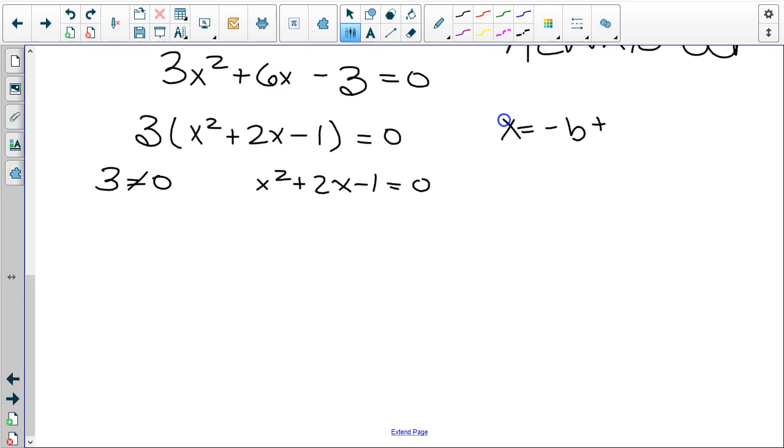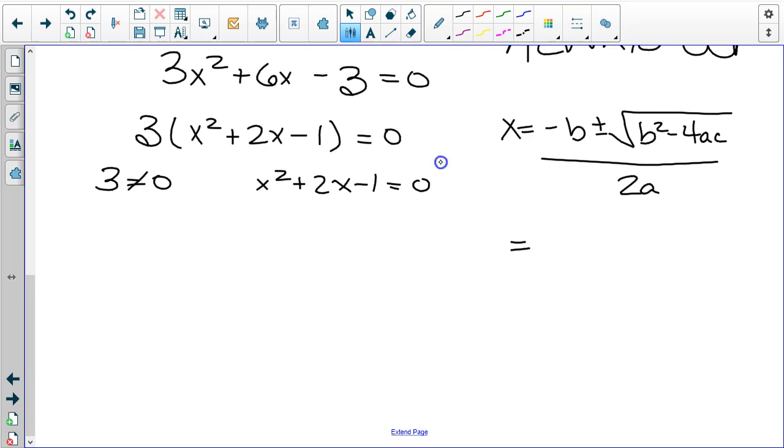X equals negative b plus or minus the square root of b squared minus 4ac, all over 2a. I know that formula; I write it every time for your benefit, not for mine. What's b?